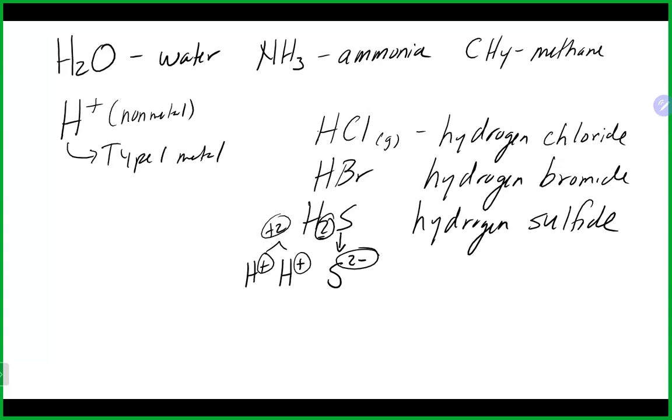I put that because, although we won't talk about it at this point, if you have HCl in what is referred to as the aqueous phase, which is AQ, it's actually an acid at that point, and it would be named differently. It would be hydrochloric acid. So this is how you get to hydrochloric acid.